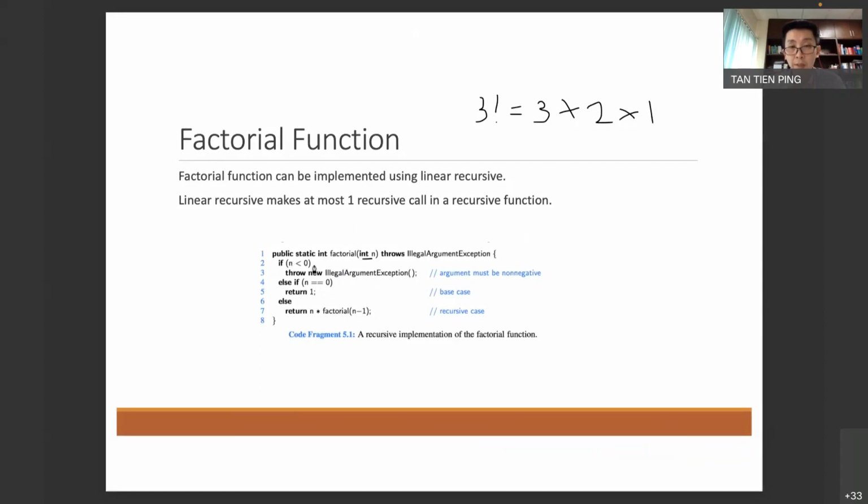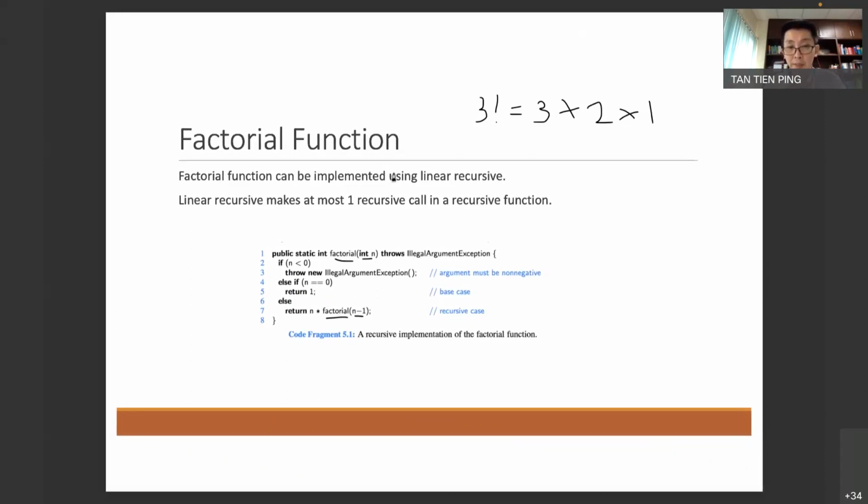Look at this example that we have here. If you look at the name of the function, they are the same. It is calling the function itself, but the argument is reduced by 1, n-1, every time. When n is equal to 0, it will stop.